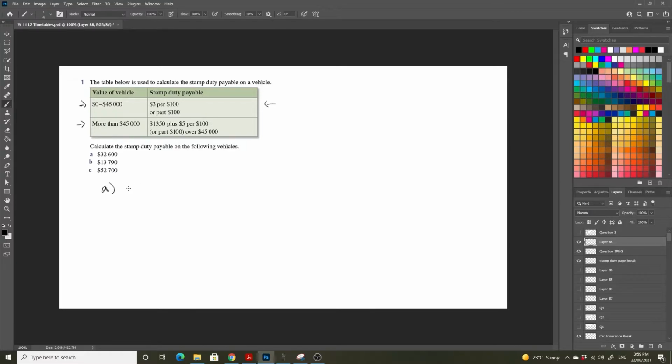We have the value of the vehicle, which is equal to $32,600. Now we just quickly need to work out if this is divisible by 100. It will go in evenly, so there will be no fraction.